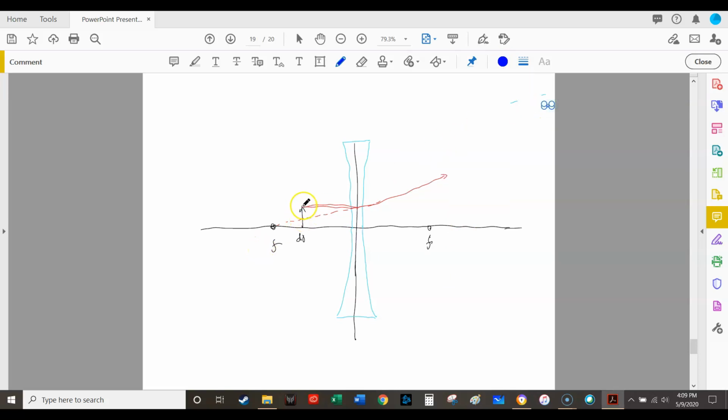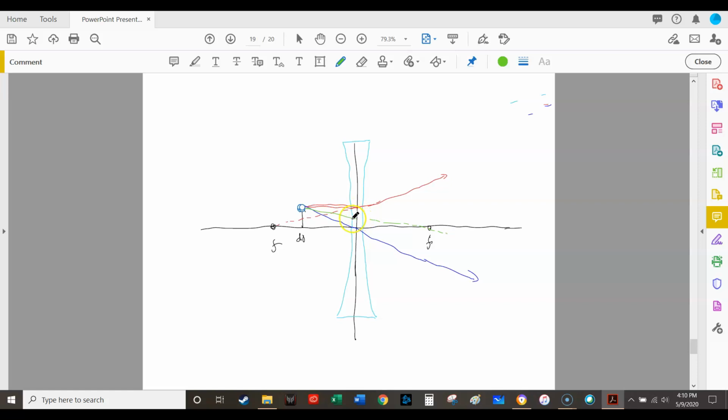I'm going to draw this again. Draw the center of curvature line straight through. Center of curvature is blue. Parallel ray is red. And now I'm going to draw the focal point one, and I'm going to use green for that. I'm going to try to draw it so that it's intersecting with this guy over here.